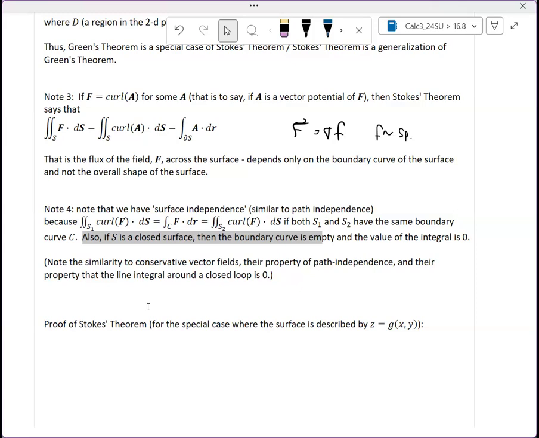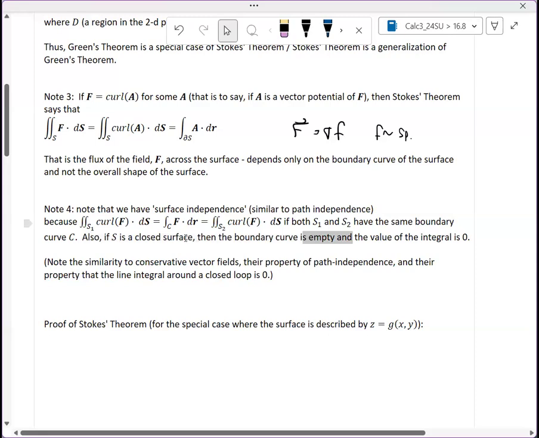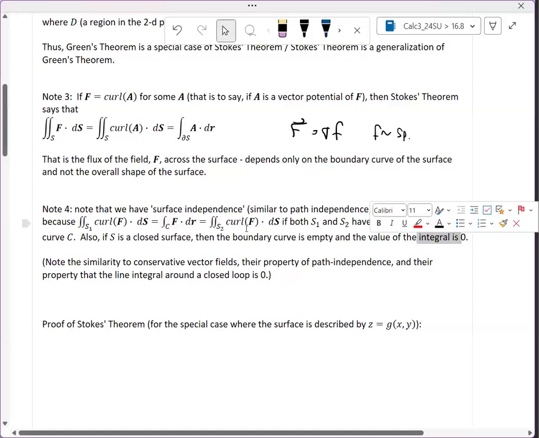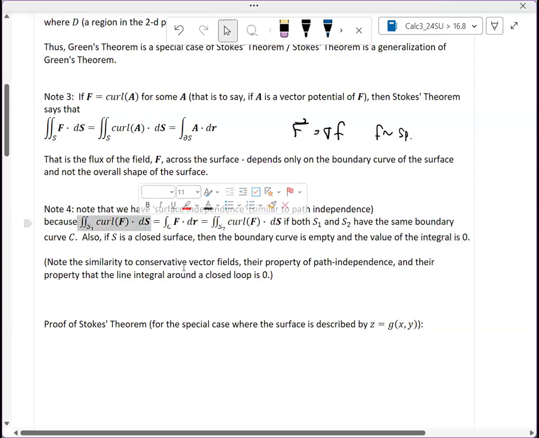So if S is a closed surface, we would say that its boundary curve is the empty set. But then for the line integral over that boundary curve, we're integrating over no domain. That integral must be 0. So then the surface integral of the curl must be 0 if we have a closed surface.